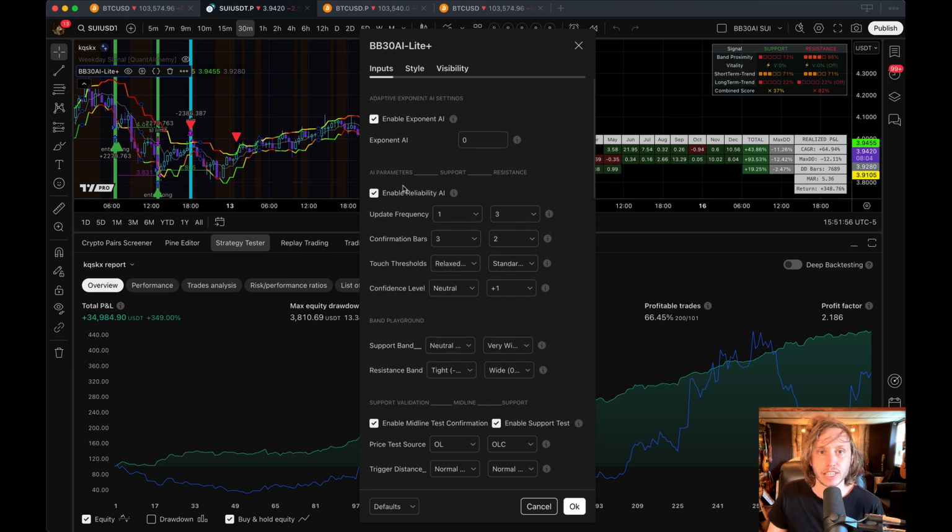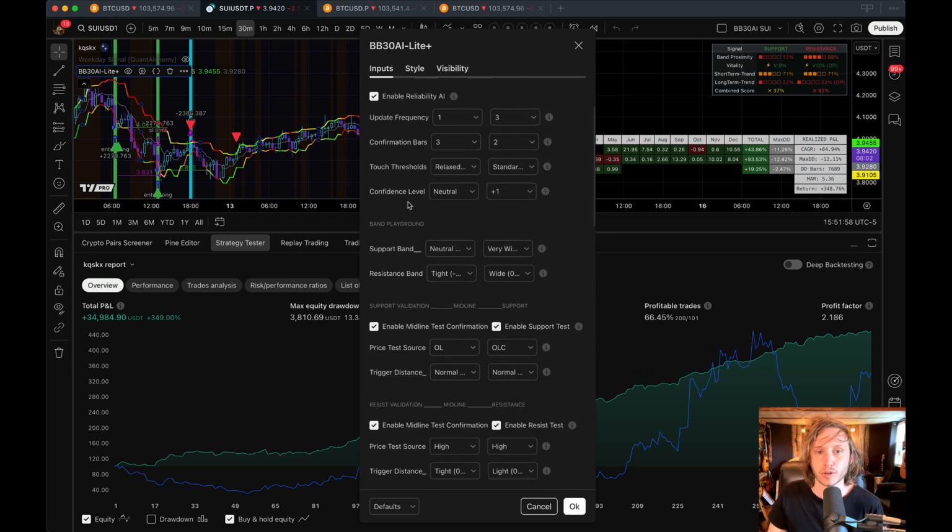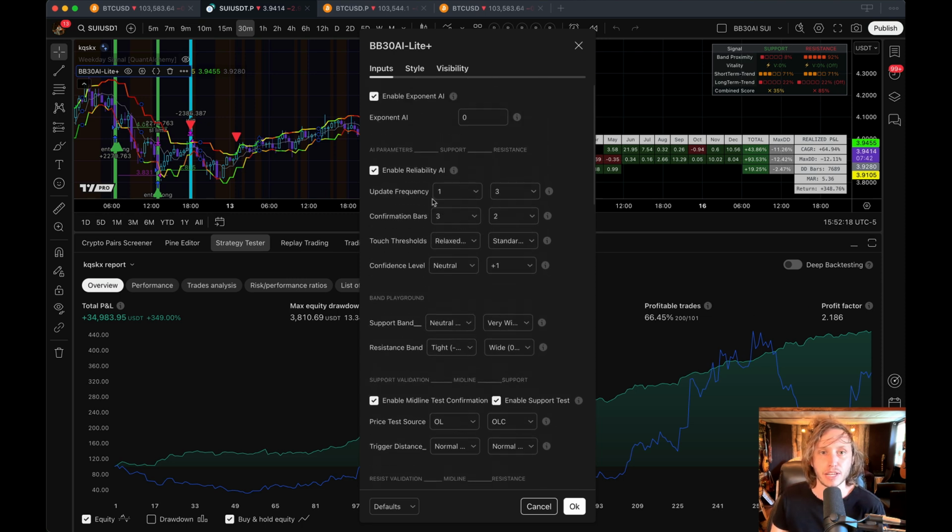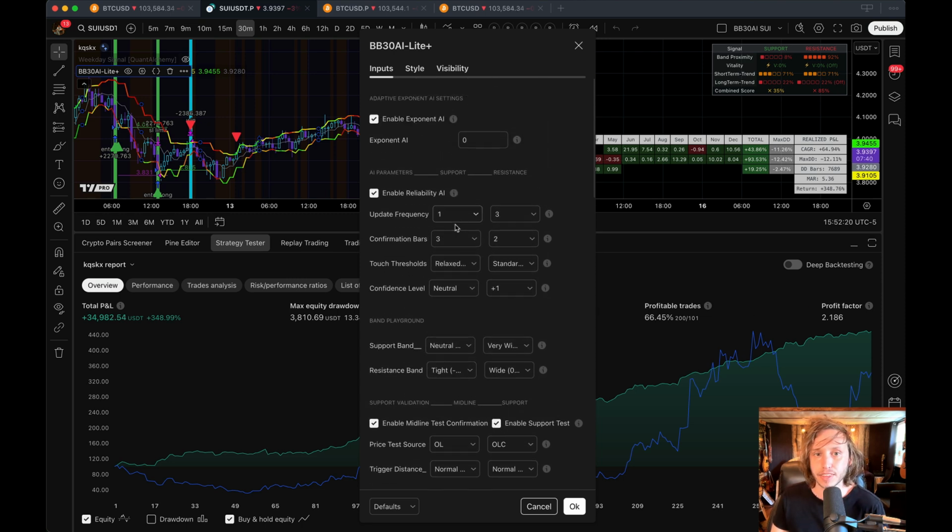So the main difference is the Light version is for those who want to build much faster, and don't care about all the nitty-gritty details and optimizing it quite as much. The most important parts of the indicator are still available to adjust, but they're in drop-down menus, which means that you have fewer options.